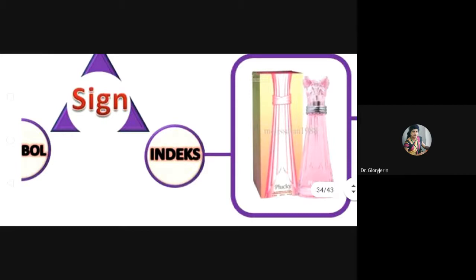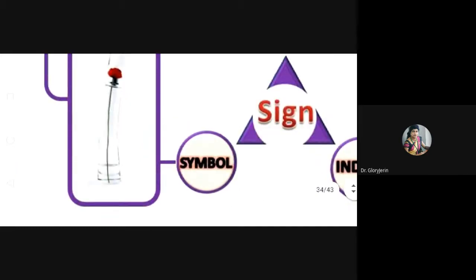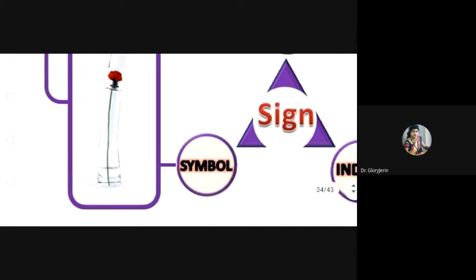And symbolic gender sign: a symbolic sign in a perfume bottle is good because of the common perception by convention or agreement, and this is the meaning given to the object of reference. For example, the rose is conventionally understood as a symbol of woman, the beauty of woman.